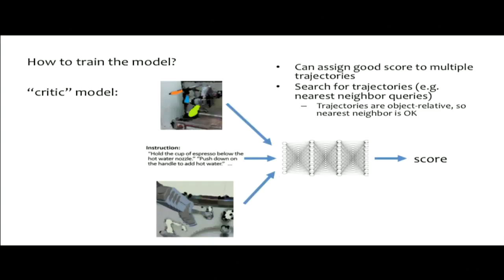So they shift the coordinate frame of the trajectory to be in the space of the object rather than in the space of the robot. And then this will be able to handle the case where the robot is in a different position relative to an object that it hasn't seen before, it can just transform into the frame of the object. I'll talk about that on the next slide.